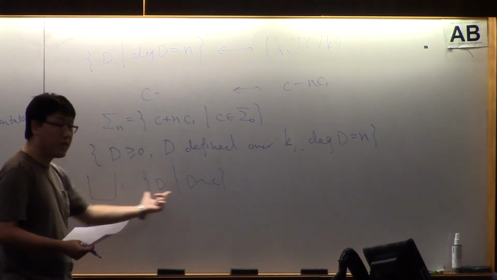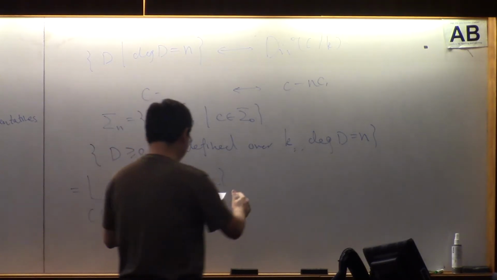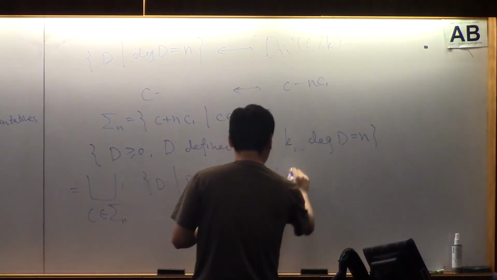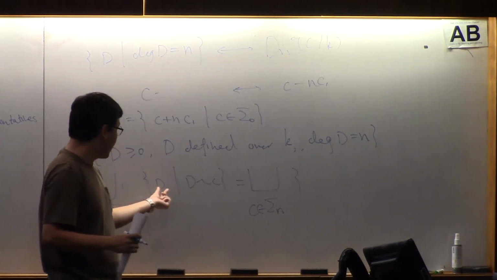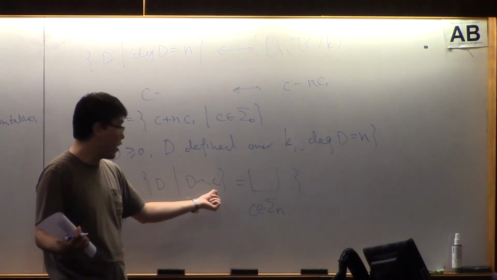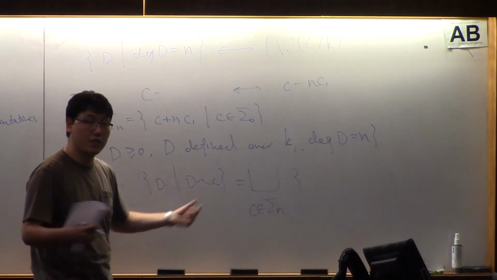But what does this set mean? This set means that you get all the effective divisors which are linearly equivalent to a given divisor.